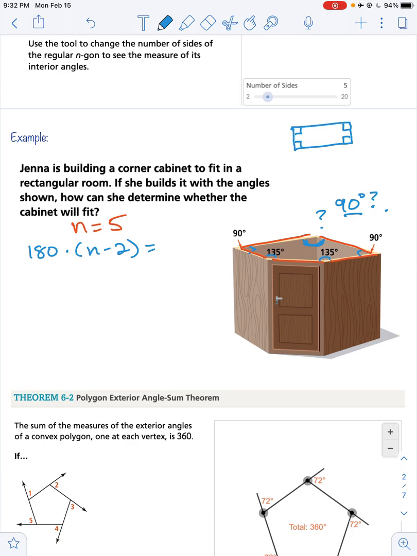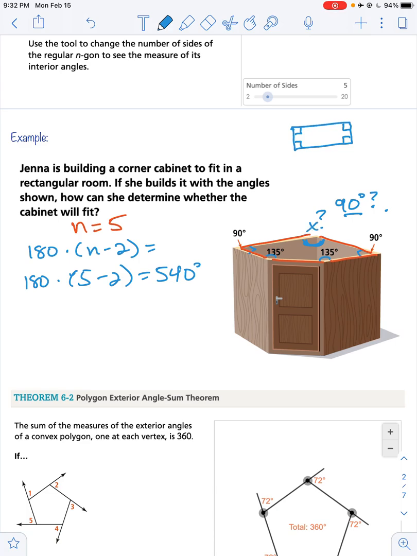If I know what the sum is, then I can figure out my missing angle. So I'm going to go 180 times 5 minus 2, which is 3. So this is going to be 180 times 3, which is 540. So I know that all of these angles need to add up to 540.